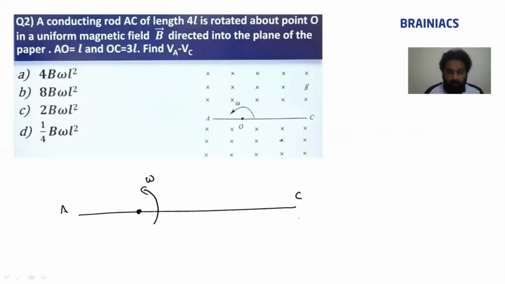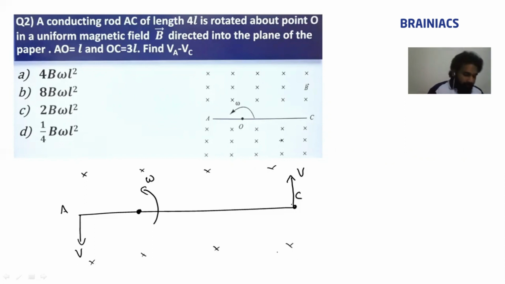Then the velocity at C will be in this direction, and the velocity at A will be going down. Clear? The hinge is between A and C. When C goes up, A goes down. Now, this is the magnetic field, going into the plane of paper.